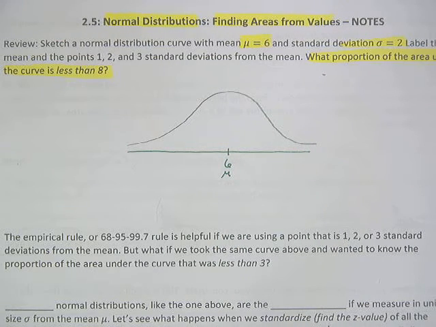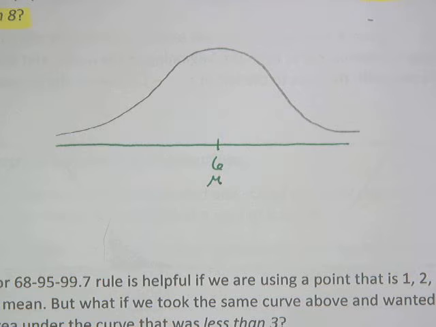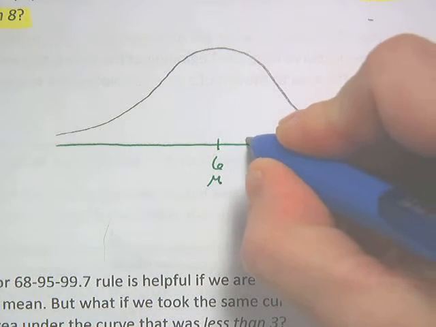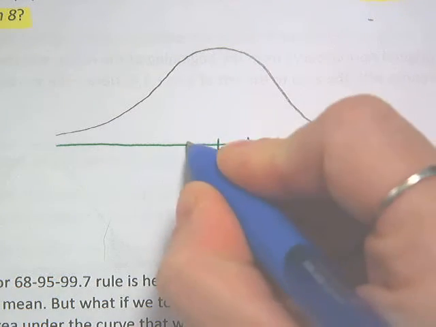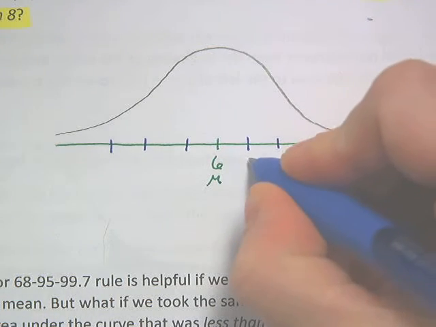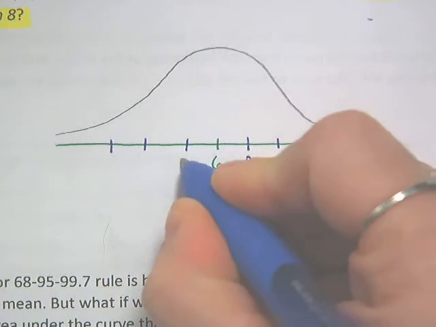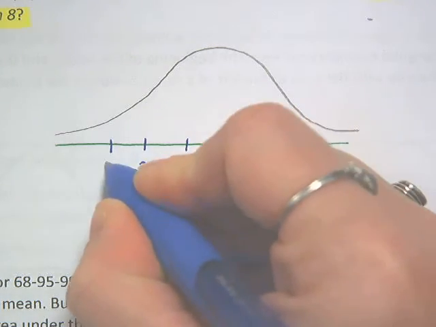The standard deviation being 2 means that you are going to add 2 or subtract 2 to each value to go 3 standard deviations. We always, even if it doesn't say to do this in the directions, go 3 standard deviations to the left and 3 to the right. It's just what we do. If you take statistics in college, it'll be what you do. So we're going to add 2, add 2, add 2, subtract 2, subtract 2, subtract 2.